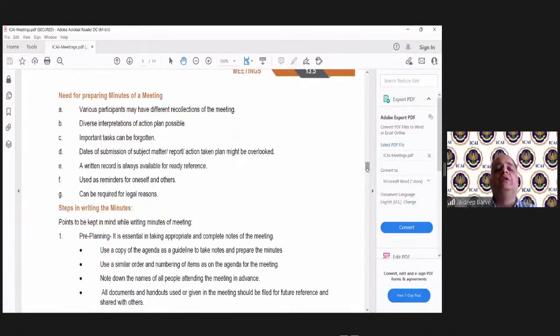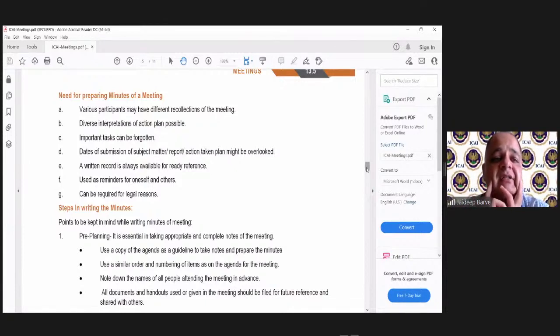Now let's go to the need for preparing minutes. One is that various participants may have different recollections of the meeting. It depends upon your interpretations.